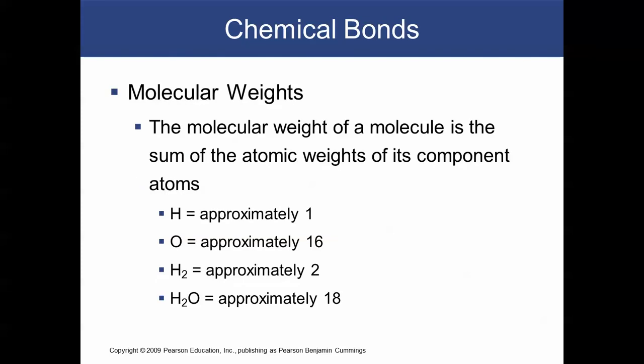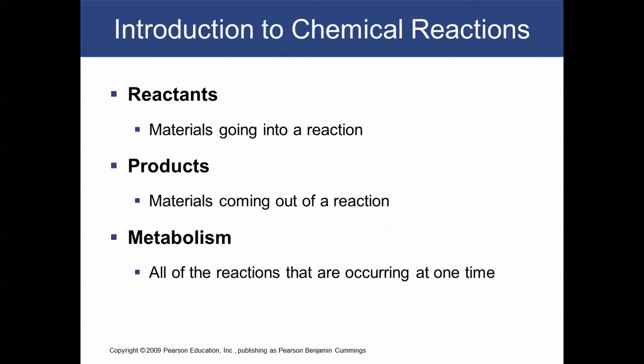And then we'll kind of skip over molecular weights. It's just the sum of the atomic weights of its component atoms. So lots of things get together, lots of things cause reactions. Reactants are materials that go into a reaction, and products are materials that come out of a reaction.